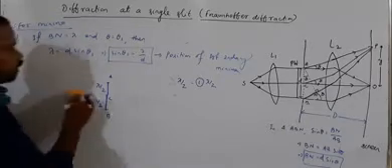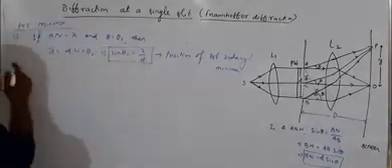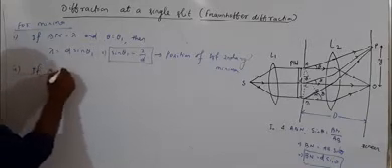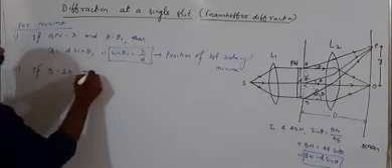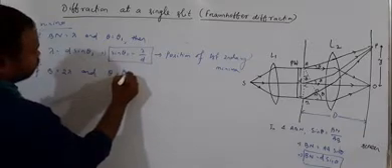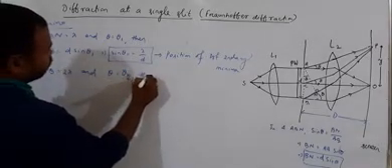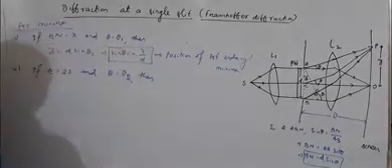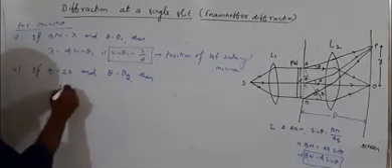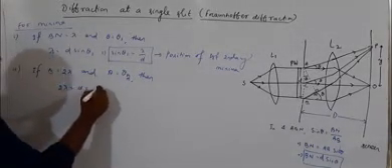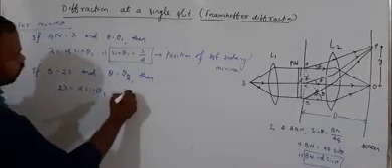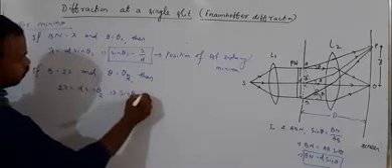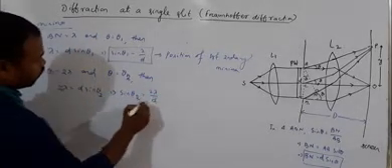Next, in the second case, if Bn is equal to 2 lambda and theta is theta 2, then what is the path difference? According to this equation, 2 lambda is equal to d sin theta 2, so sin theta 2 is equal to 2 lambda by d.